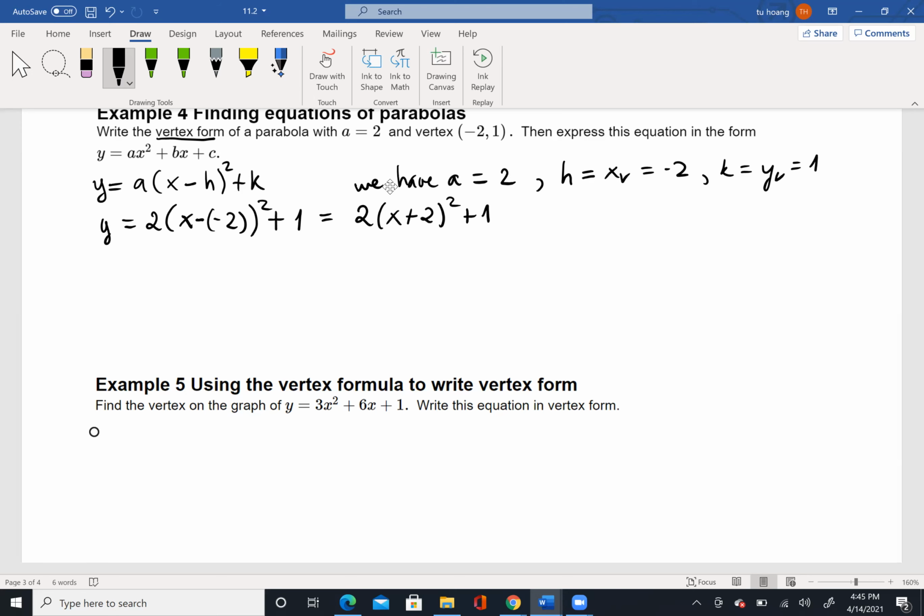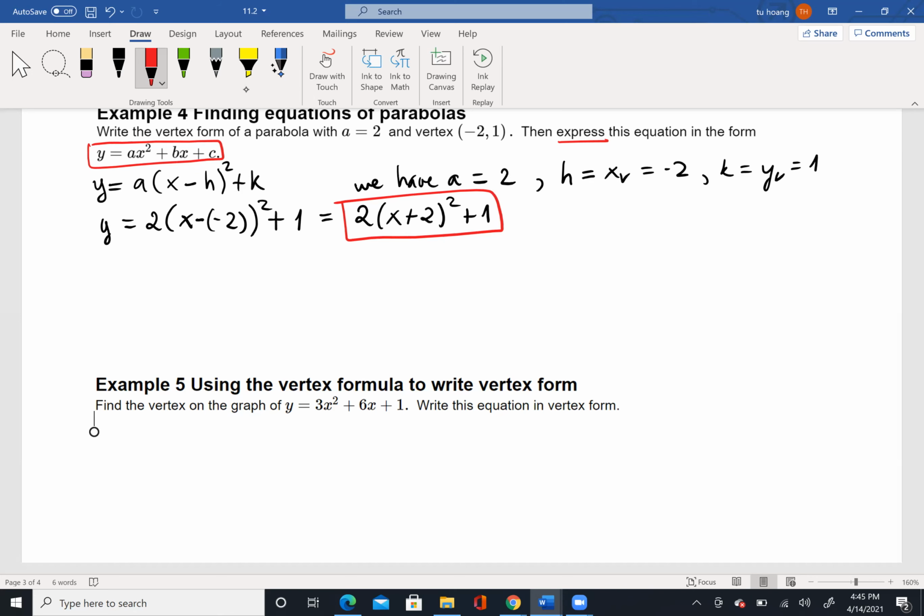Okay. Remember that we want to convert. So this is going to be done for the question that says write the vertex form, right? However, we also want to express the equation in the form ax squared plus bx plus c. So what I do is I have to expand, right?